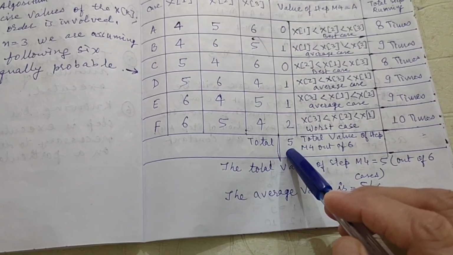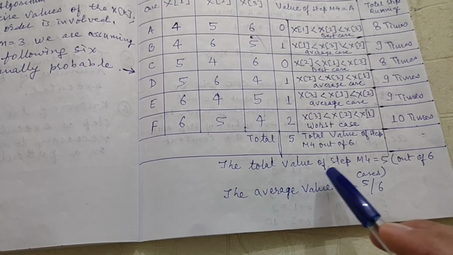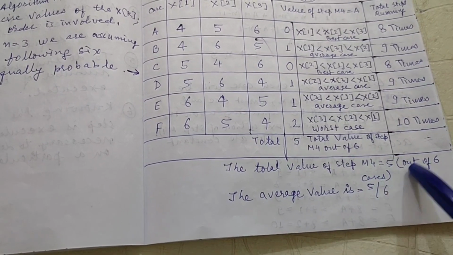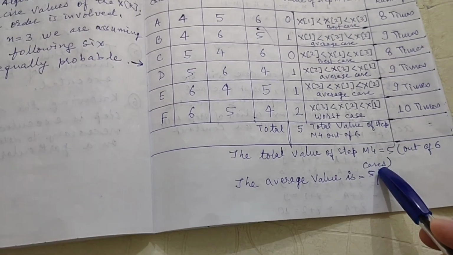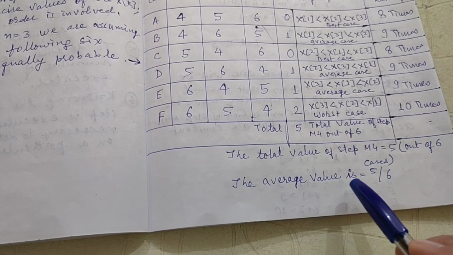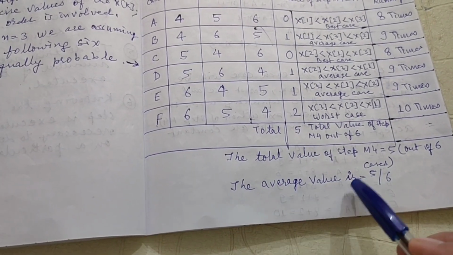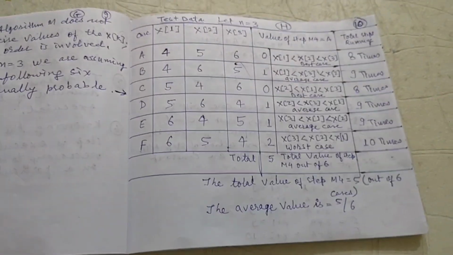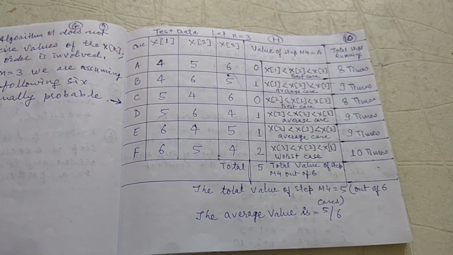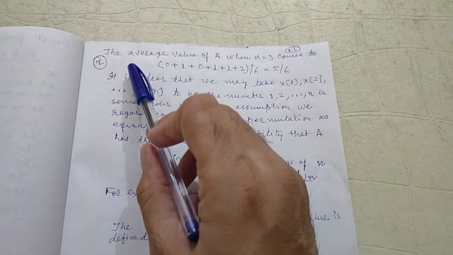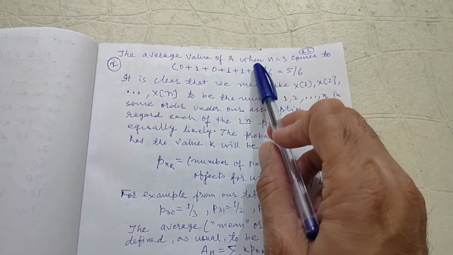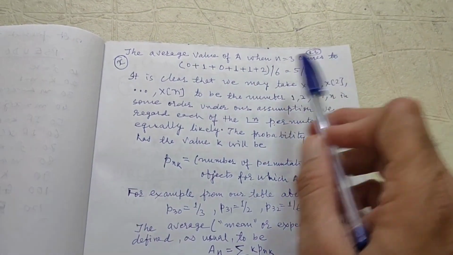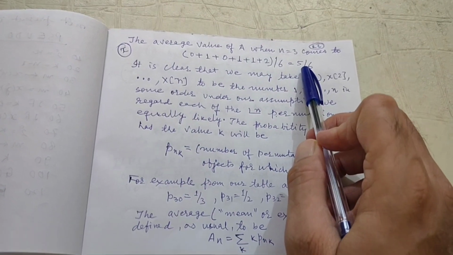The total value of step M4 is 5 out of 6 cases. The average value is 5 upon 6. The average value of a when n is equal to 3 comes out to be 5 upon 6.